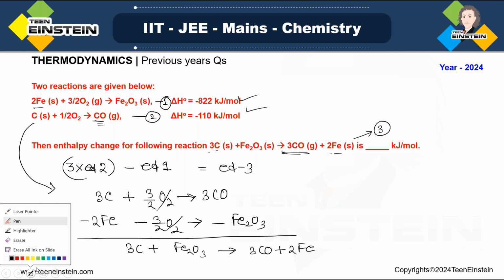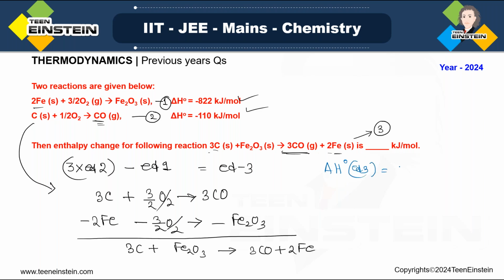Now the same thing you will do with del H also. So del H naught for equation 3 will be equal to, suppose this is 2, this is 1, 3 into del H naught 2 minus del H naught 1. So it will give you 3 into minus 110 kilojoule, minus, then again minus.